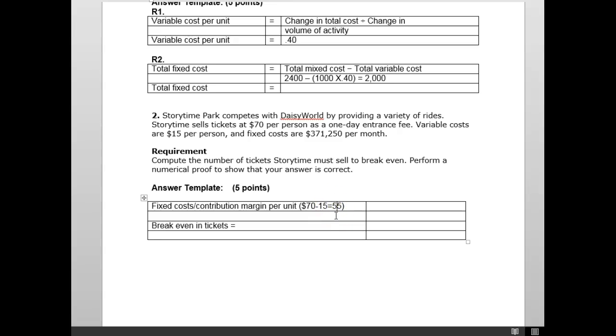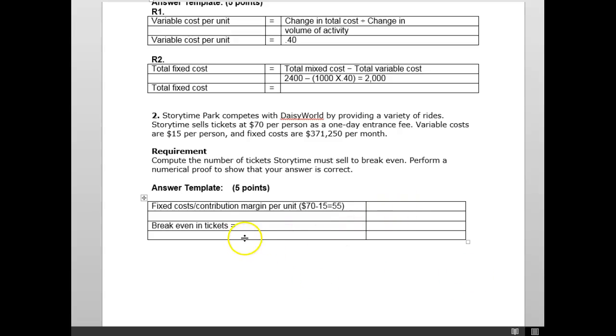That is the amount of money that is contributed toward the break-even or the targeted profit that you would like. And I'll show you how to do that calculation.